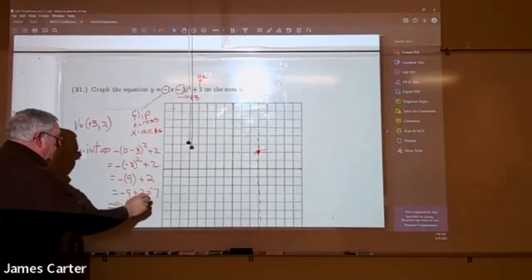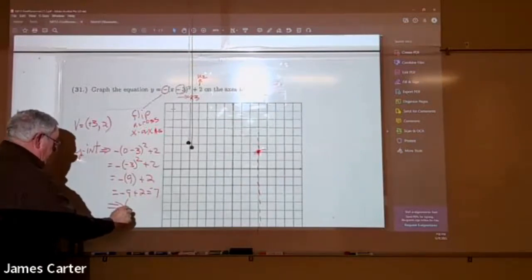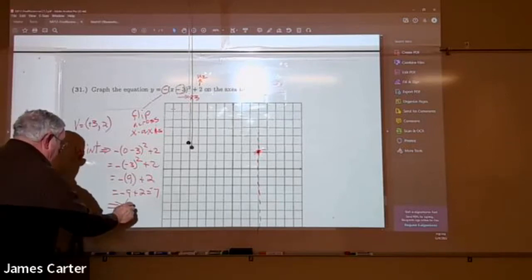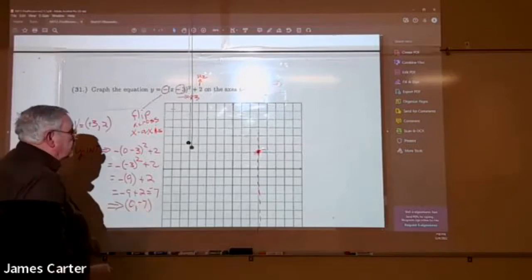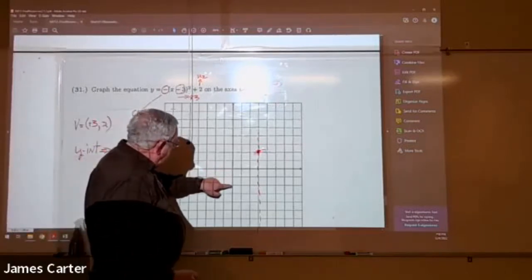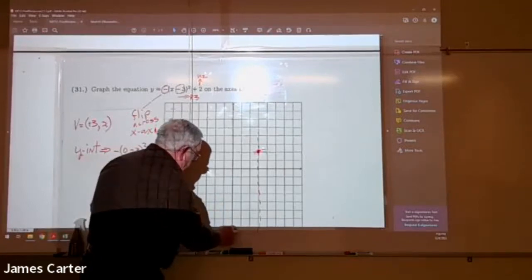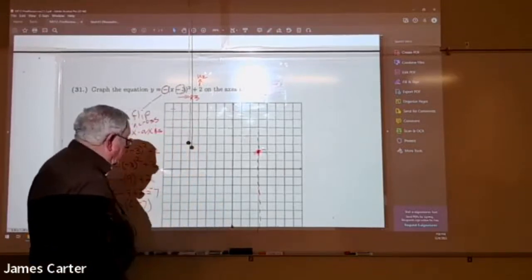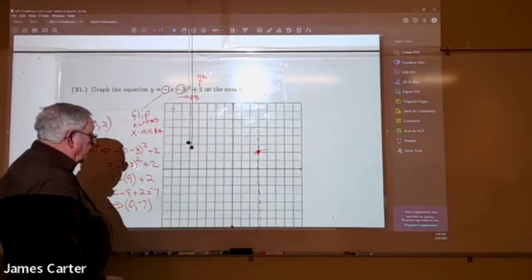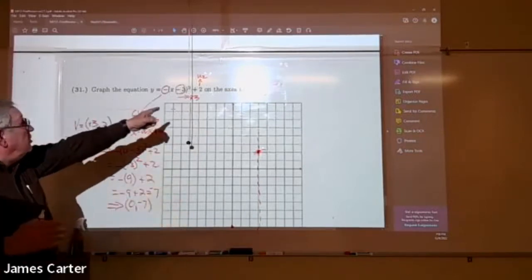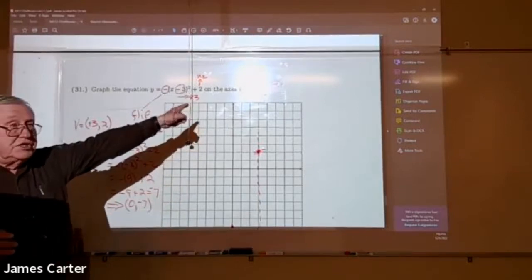Yes, it would. So if that is the y-intercept, what's x got to be? Okay. 1, 2, 3, 4, 5, 6, 7. Almost ran off my paper. Okay. Now, does this tell you to find the x-intercepts?